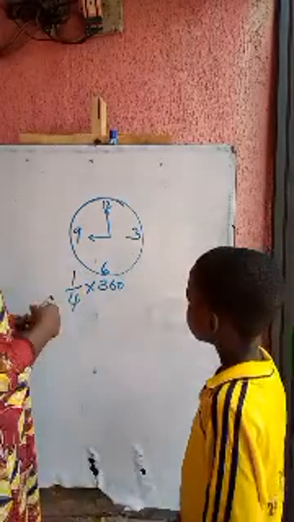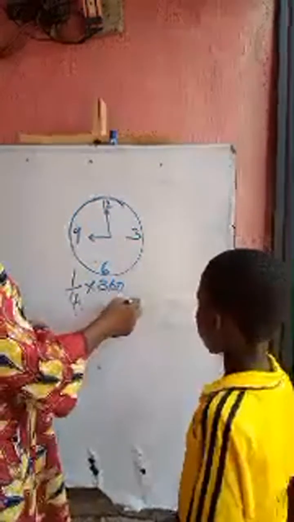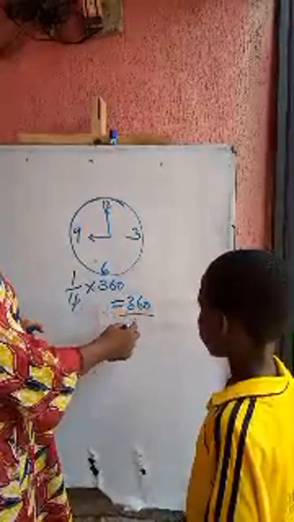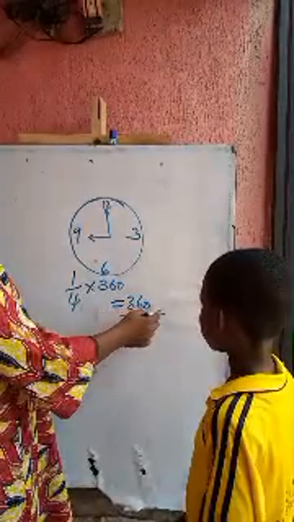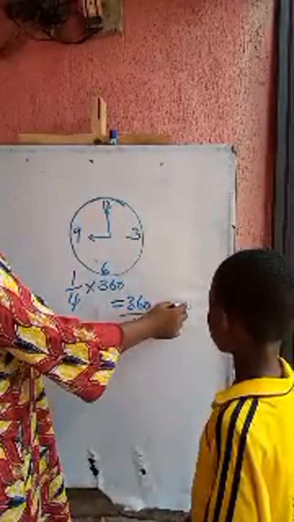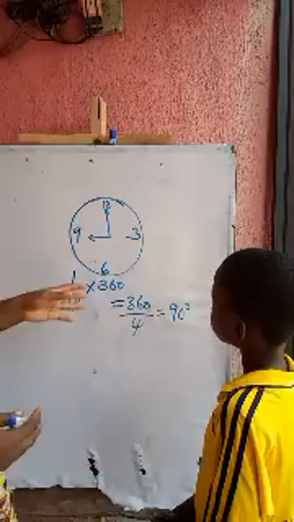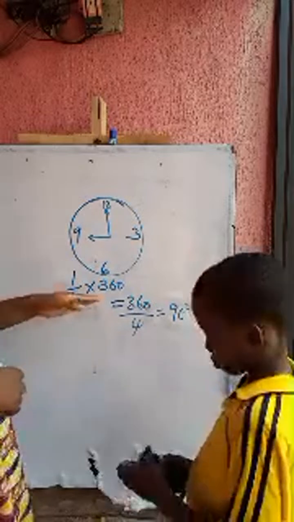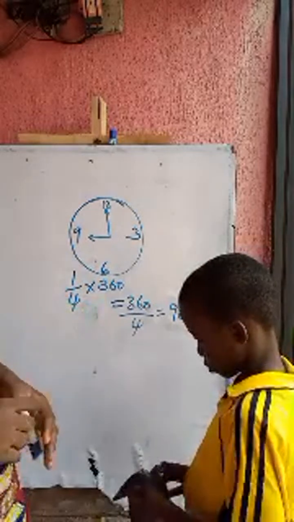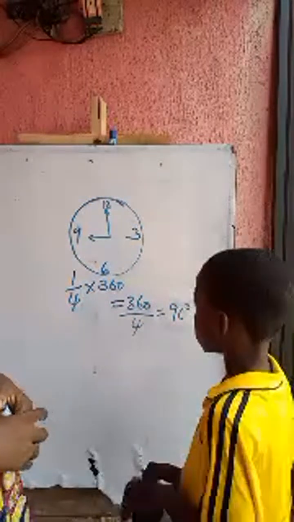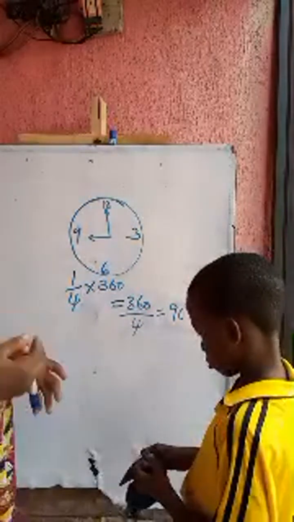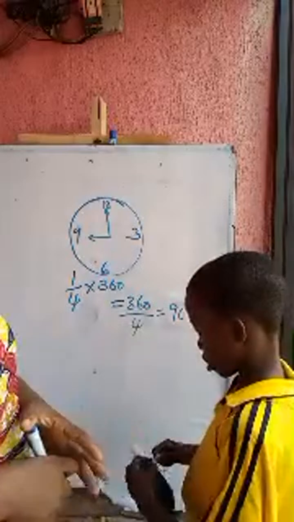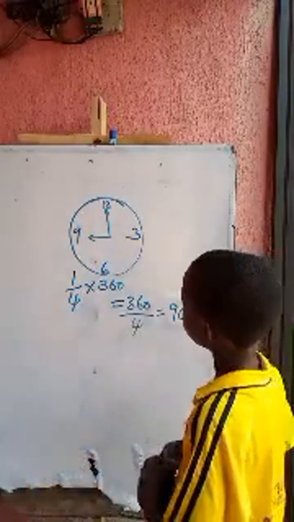So 1 times 360 is 360, divided by 4, and that is 90 degrees. So when our clock is at 9:00 p.m., it is at an angle of 90 degrees. Let's look at question 9.